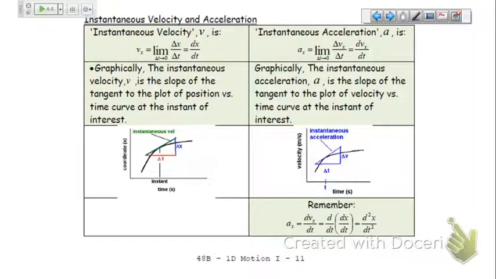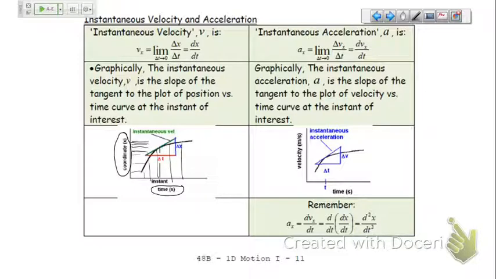Graphically, if I'm plotting position, or address, or coordinate versus time, I'm starting off at a certain value and I'm moving. As time passes, you can see that I move at a slower pace further away. I'm taking smaller and smaller steps in position for the same amount of time.